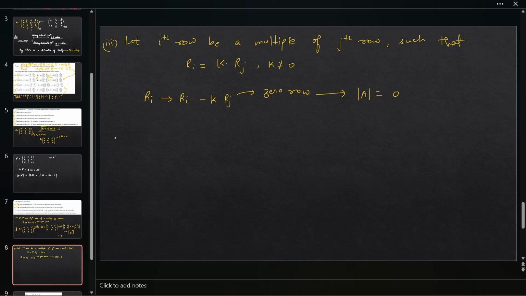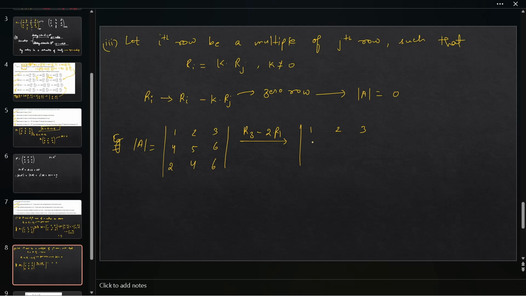For example, if I want to find the determinant of this particular matrix, that is 1, 2, 3, and let's take 4, 5, 6, and here I have 2, 4, 6. So if I do this operation here, row 3 minus 2 times row 1, what will I get?